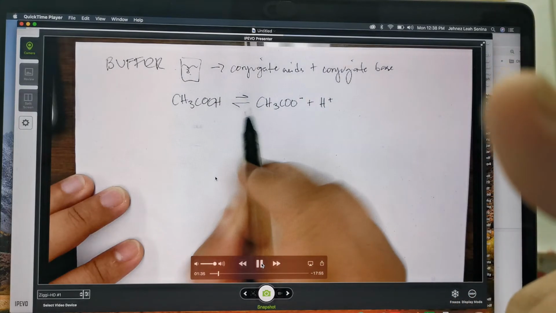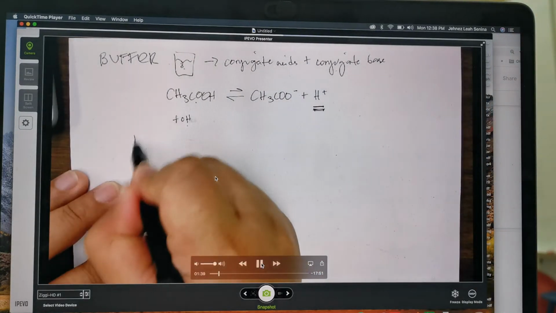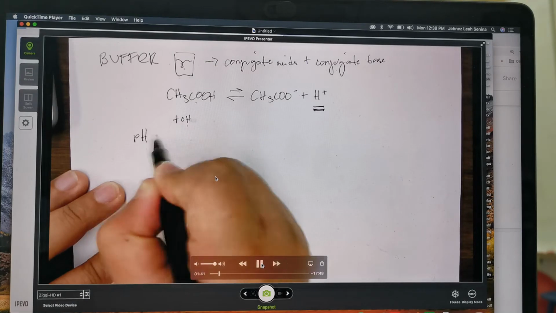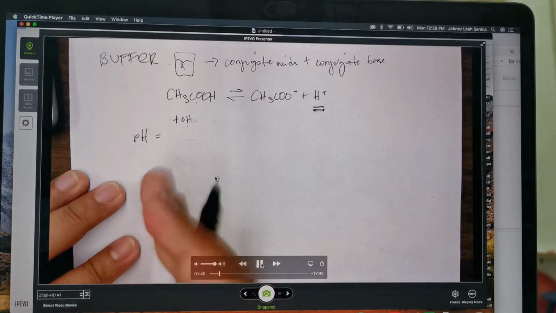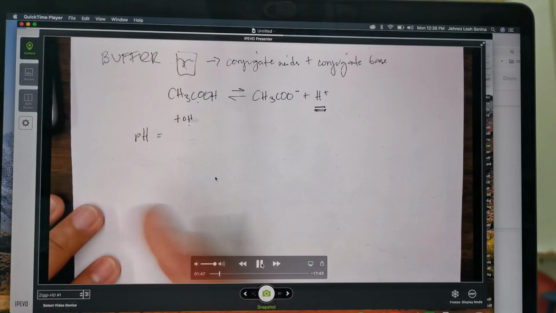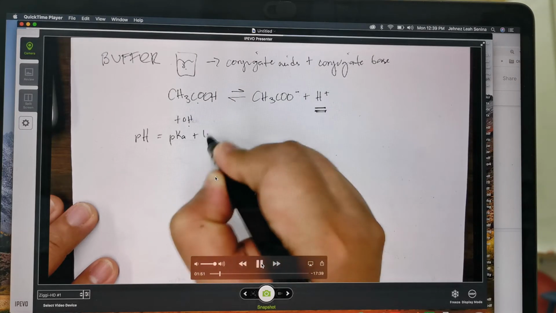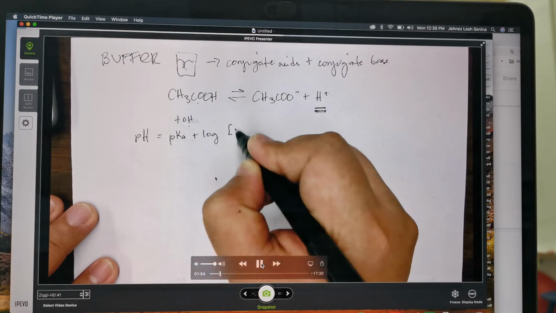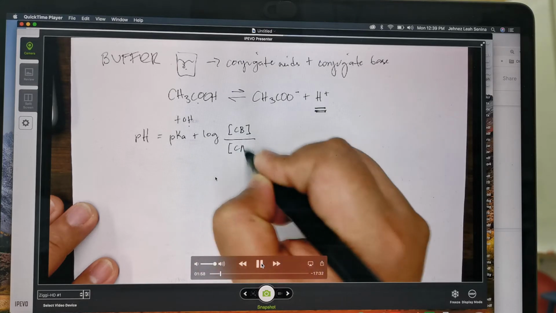Okay, how to measure the pH of a buffer. There's a lengthy discussion in the book. If you don't understand it, that's fine. You just need to know that the formula for the pH of a buffer is given as pKa plus log of the concentration of the conjugate base over the concentration of the conjugate acid.